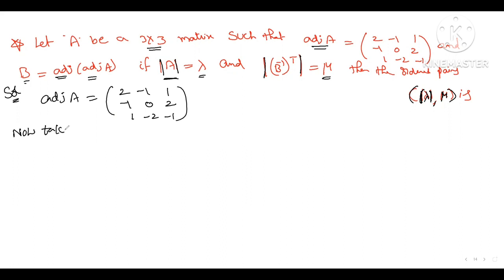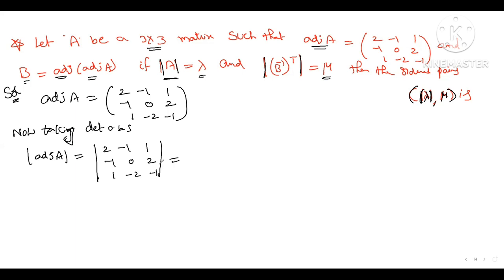Now taking delta on both sides, what we get here? Delta of adjoint of A is equal to delta of [2 -1 1; -1 0 2; 1 -2 -1]. The signs become plus, minus, plus. After simplification, we get 9.